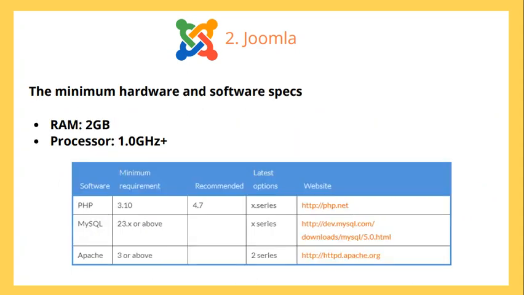So here are the minimum hardware and software specs for Joomla CMS. It requires 2 GB of RAM and 1.0 GHz of processor, and PHP 3.10, MySQL 23.x or above, then Apache 3 or above.